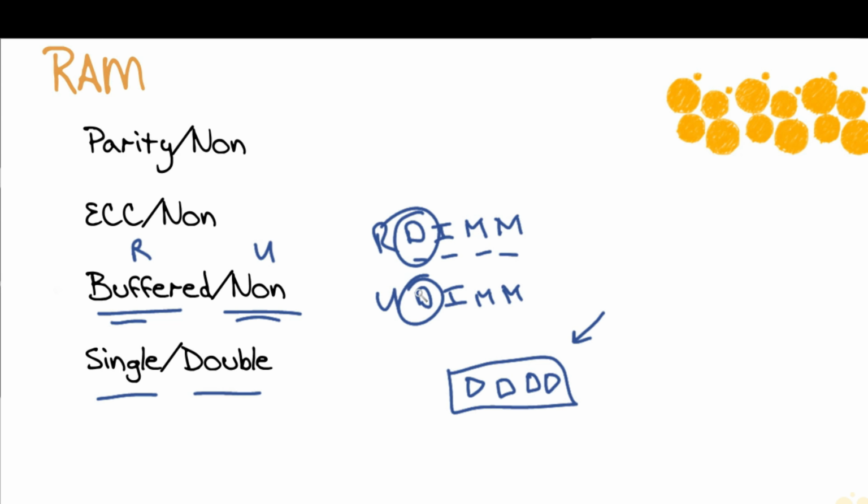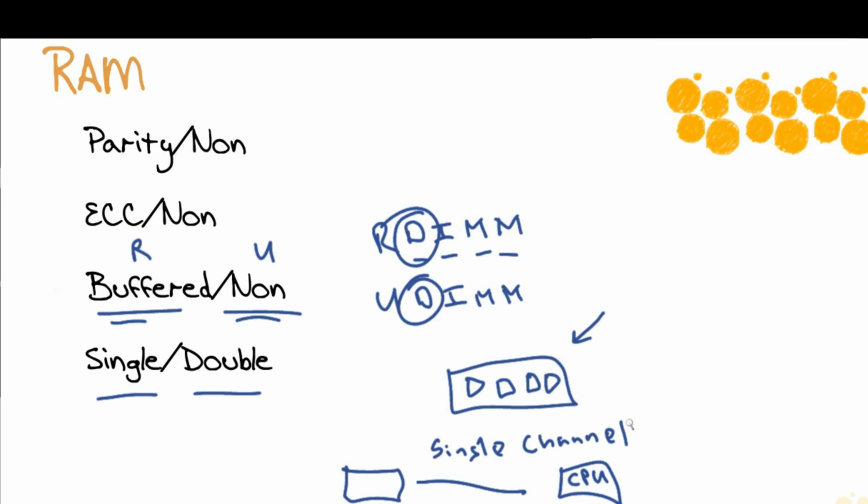Now, a potential bottleneck is going to be between your RAM and your CPU. So there are variations in how this works. There can be single channel. And when we say channel, again, we're speaking of the communications between the RAM and the CPU.